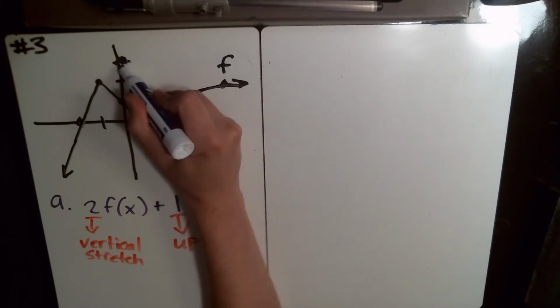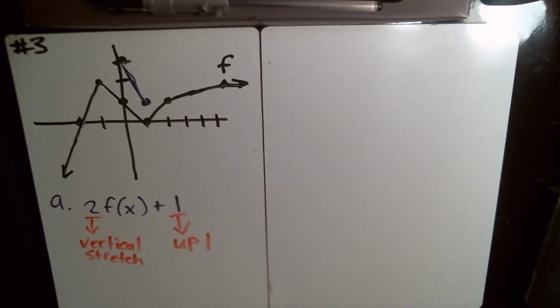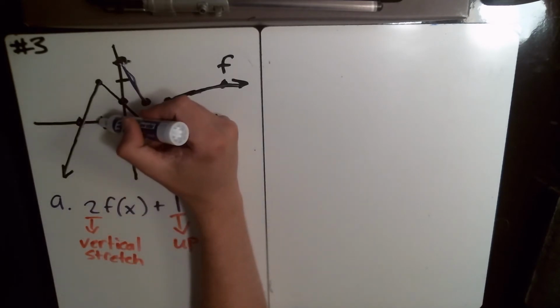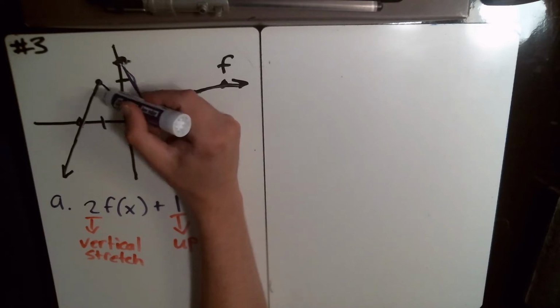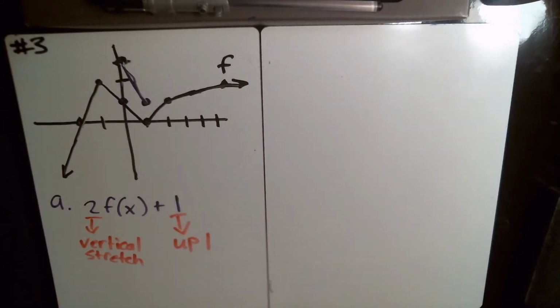And then this will just turn into a line like that, right? Okay. When I double here at -1, when we double that, we were at 2, right? So when we double that, we get 4, and then shift it up 1 will put me at 5. So I'm going to be up at 5 at that point.